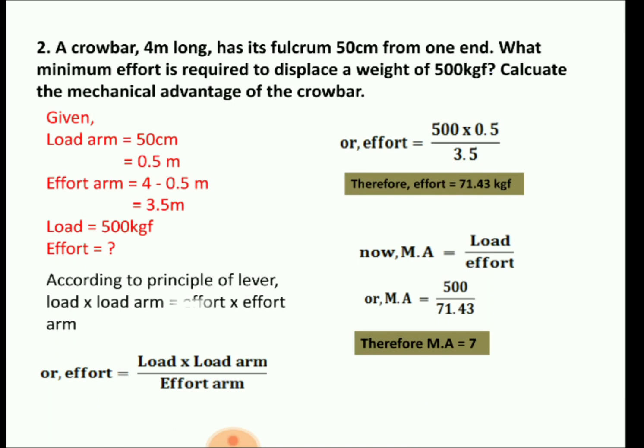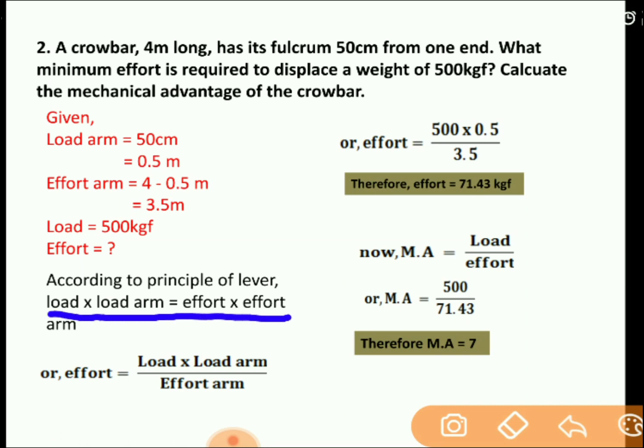To do that, we need the principle of lever. According to the principle of lever, load into load arm equals effort into effort arm. Therefore effort will become load into load arm divided by effort arm.